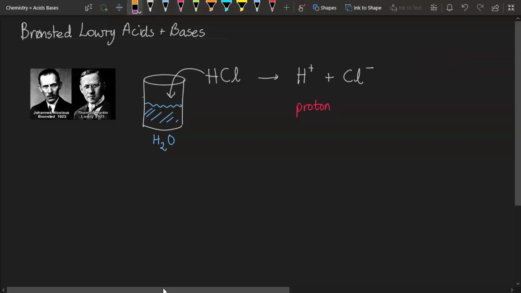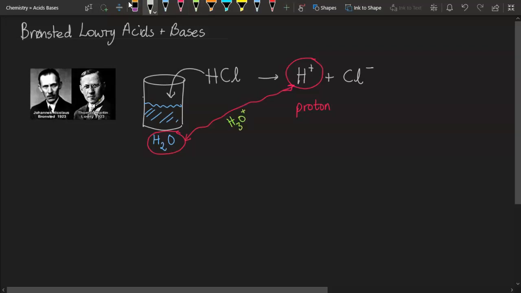With Arrhenius, there was a slight problem, because H pluses, when they're in solution with water, don't exist independently. So what was happening was the H plus here was reacting with the water molecules. These two things were reacting, and they were forming a thing called a hydronium ion, which is H3O positive.